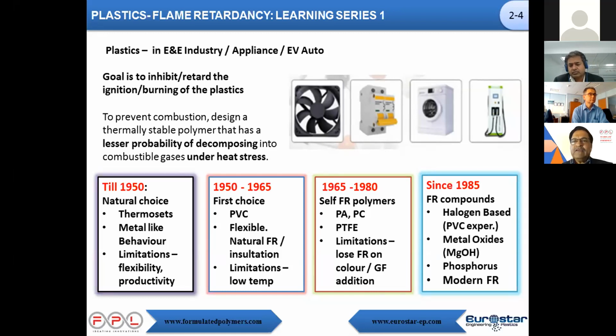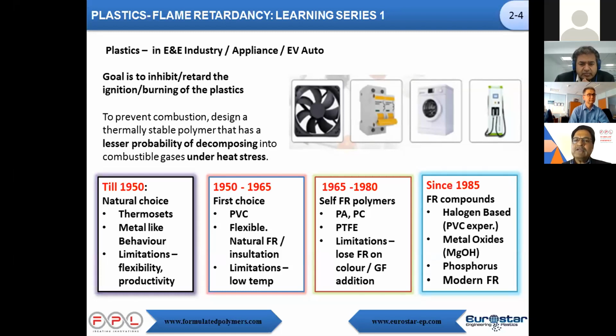And between the 50s and 65s, I would say the first known material for the electrical industry is PVC. And PVC, even today in the cable industry, is a very dominant material for insulation. PVC contains approximately 60% of its weight as chlorine.